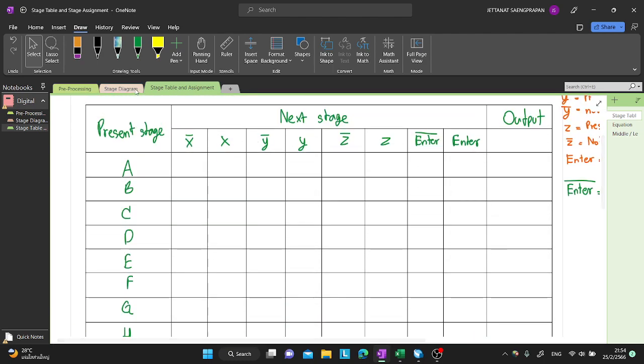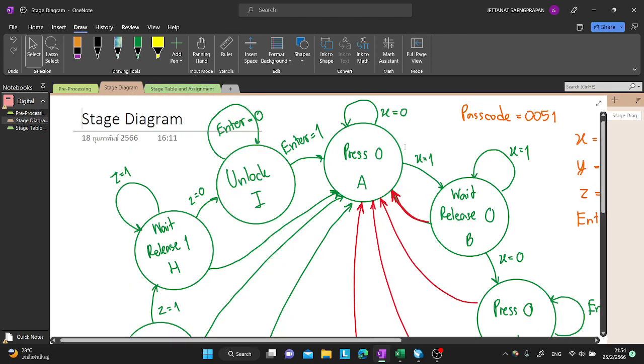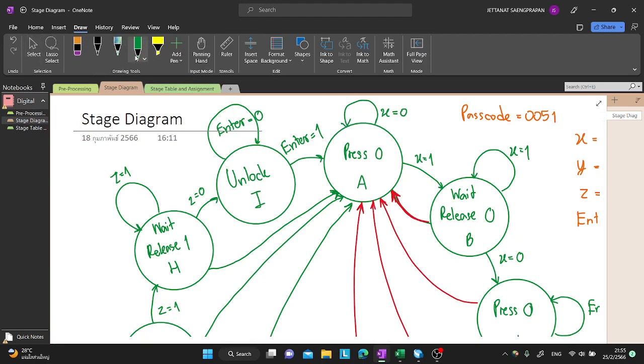And then the first one is stage A. How many actions? As you can see here, the state A is still A when I don't press anything, which is X is 0.